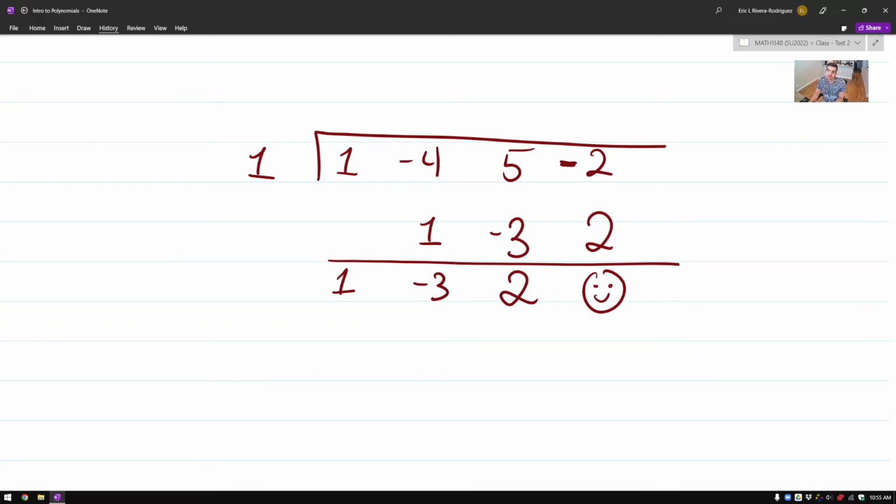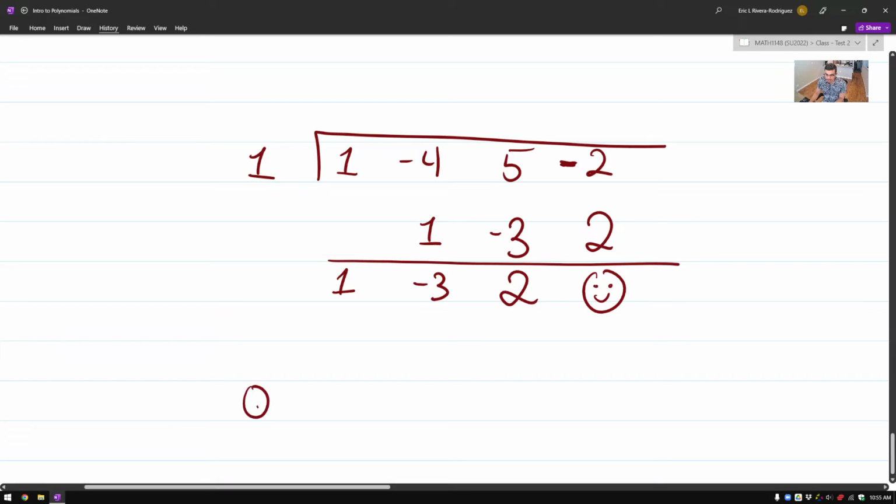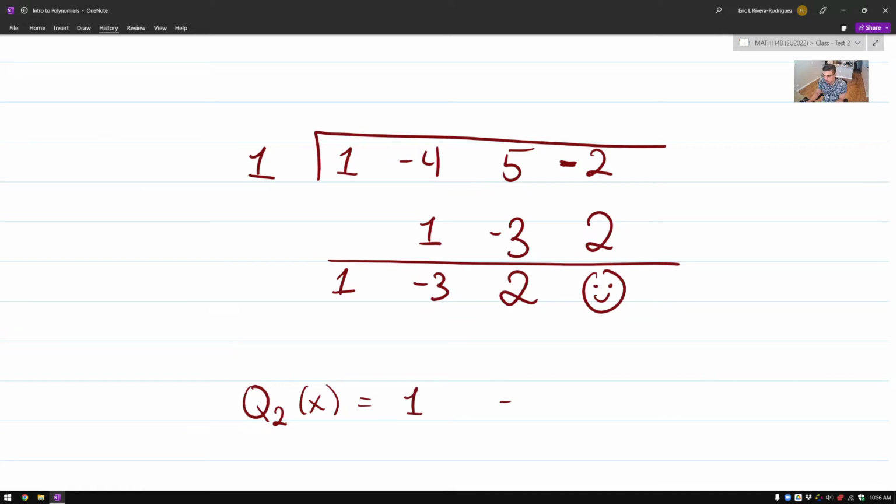So from here, we can get the second quotient, which is going to be a polynomial of degree 2. So 1, -3, and 2: we put the x on all the terms, but not on the last term, which is the constant term. If we are missing an addition sign, we add it.